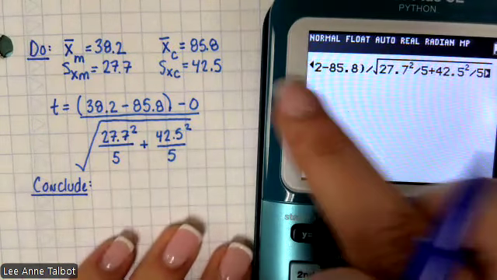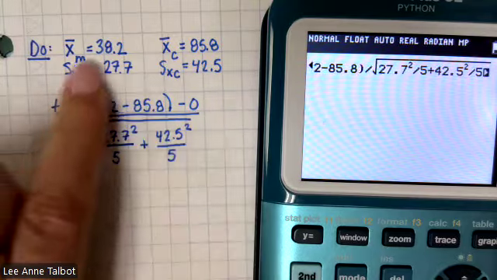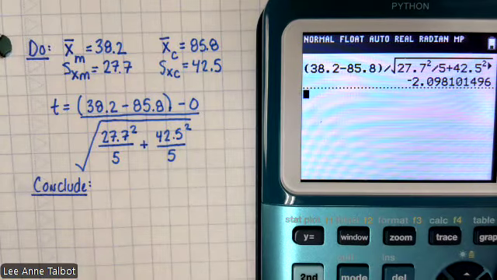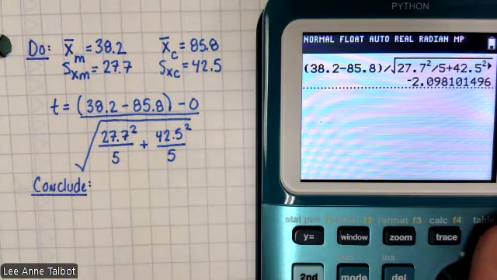And this one you can do in one fell swoop if you put the top in parentheses like we wrote it, or you can hit enter after you do the top. I got negative 2.1.